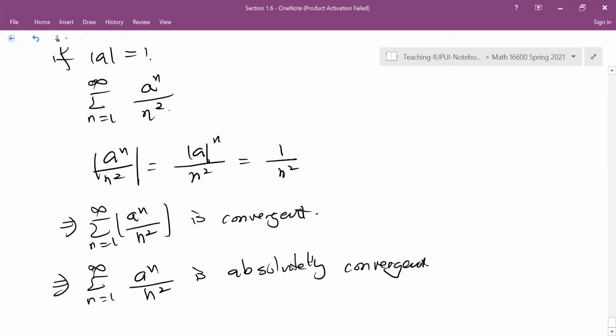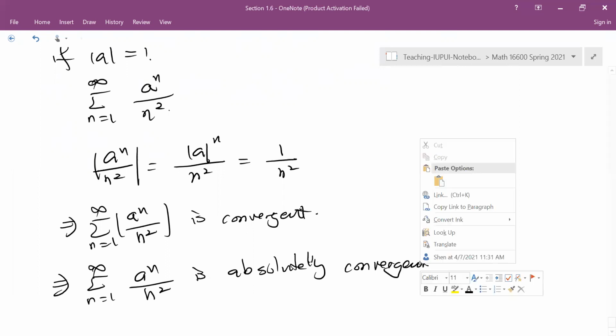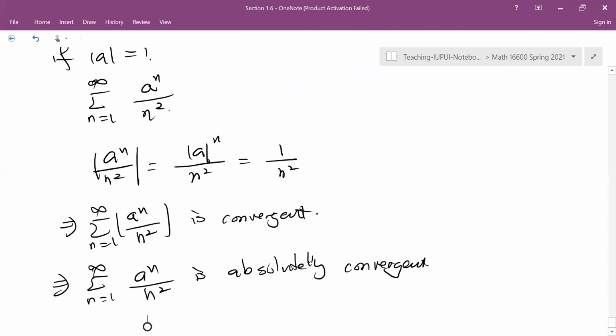Okay. So you can use a root test to check most cases. Then when absolute A is 1, you just look at these specific cases. You can show that this is still absolutely convergent.